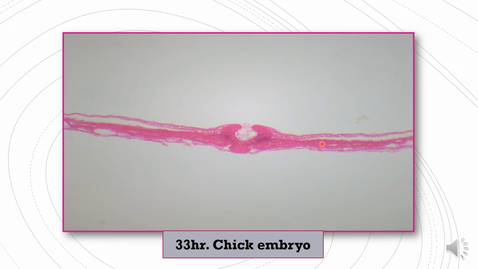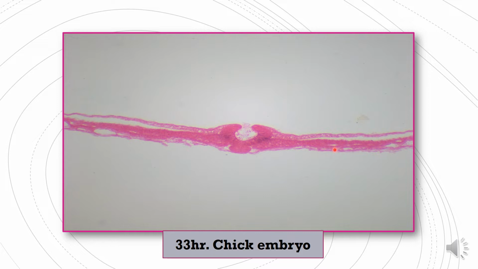The lateral plate of the mesoderm has two layers. The layer adjacent to the ectoderm is called the somatic or parietal lateral plate of the mesoderm. And the layer adjacent to the endoderm is called the visceral or splanchnic lateral plate of the mesoderm.